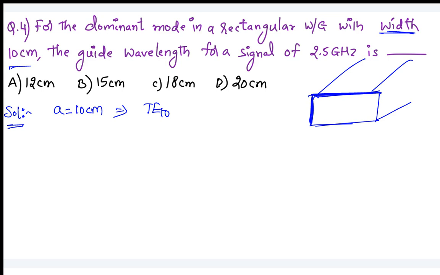The other dimension has not been given, so you assume that whatever dimension is given here is the maximum. So I assumed A is equal to 10 centimeter and that it is the maximum. When A is the maximum, the TE10 mode is said to be the dominant mode.